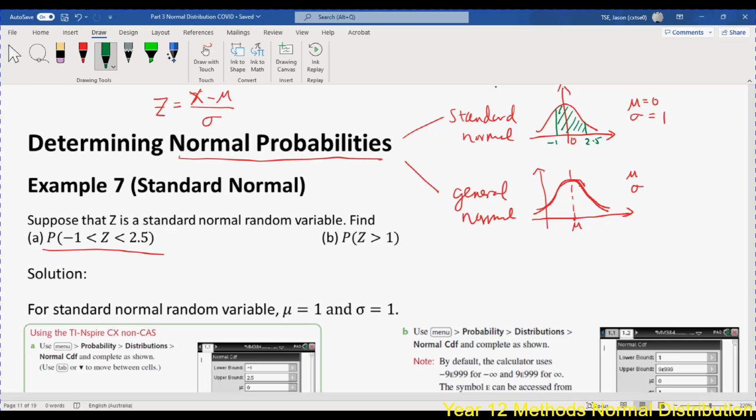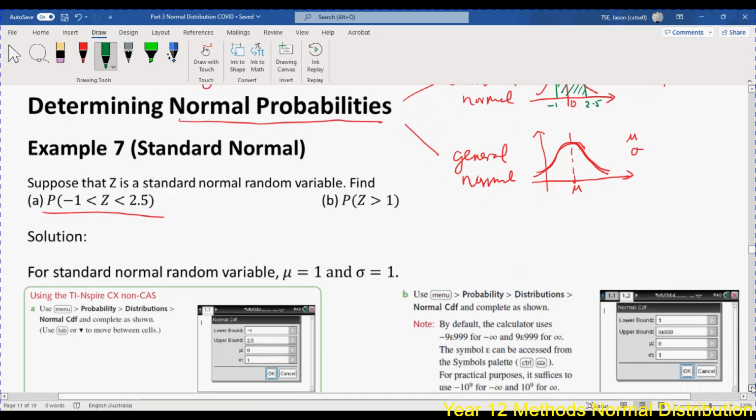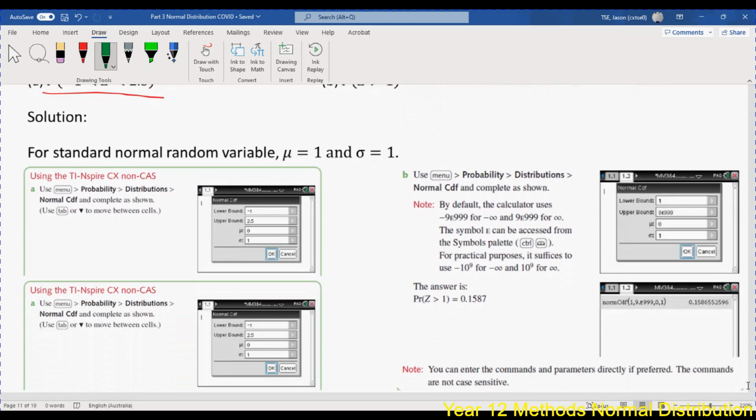First of all, you need to use your calculator. Can I ask you to switch on your calculator and get ready? You can pause the video if you need some time. Oh, I made a mistake here.